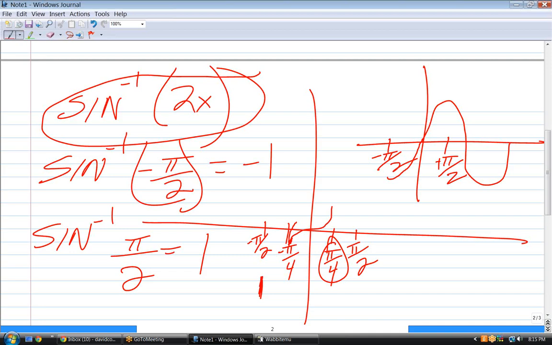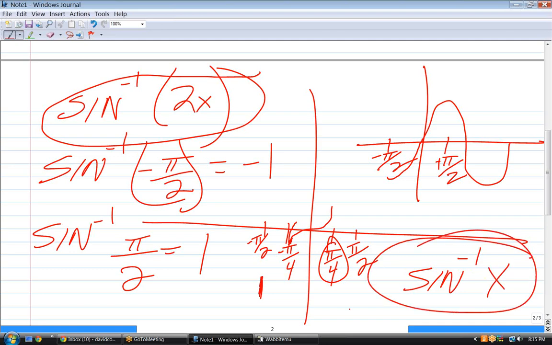But it is important to know that if I said, what is the domain of this, right here in the lower right, what is the domain of that? I'm not sure. It's minus pi over 2 to plus pi over 2. Oh, right. Because if I make it any wider than that, then I don't have a function.